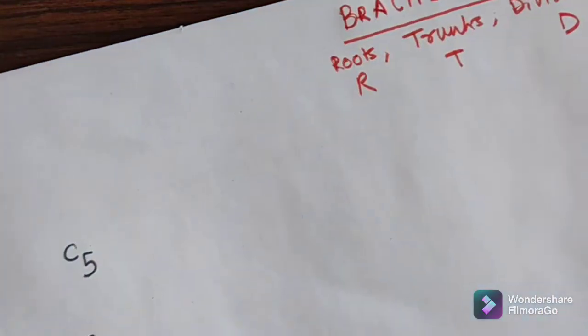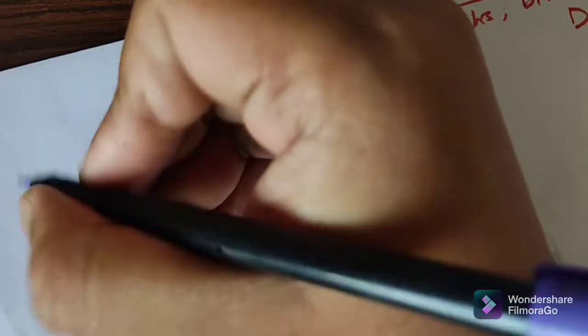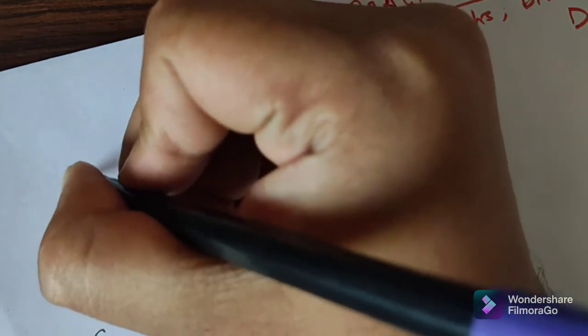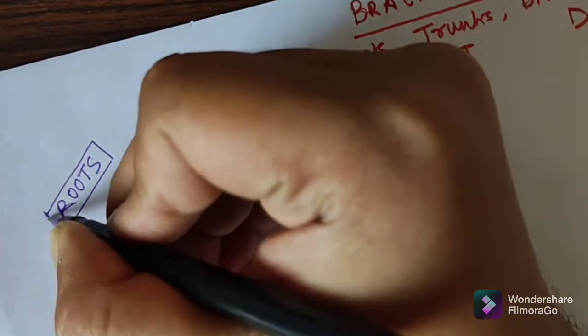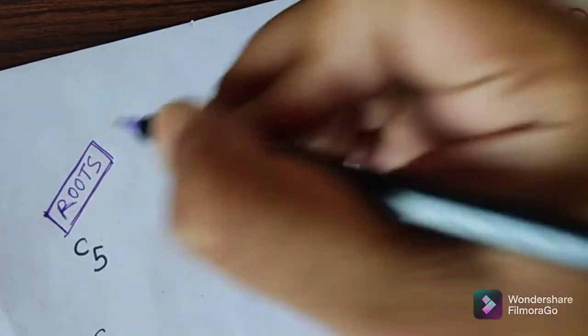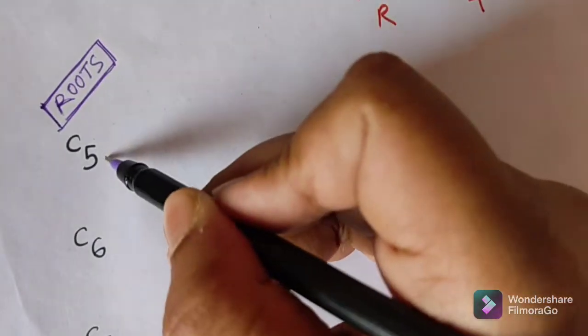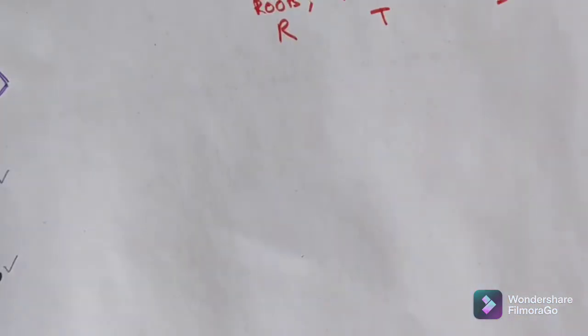Let me name it as the roots. So these are the roots of the brachial plexus: C5, C6, C7, C8, T1.